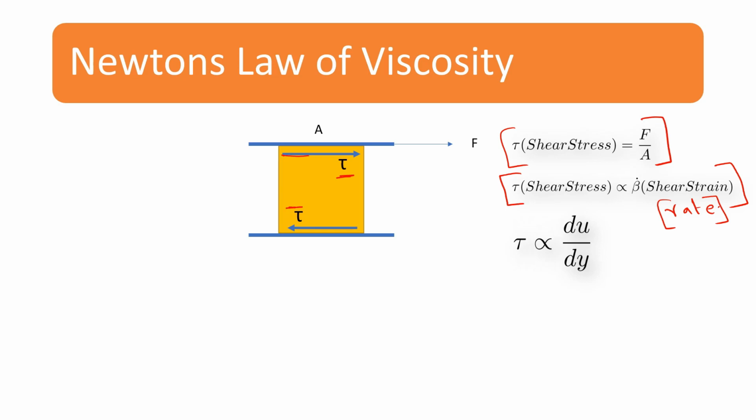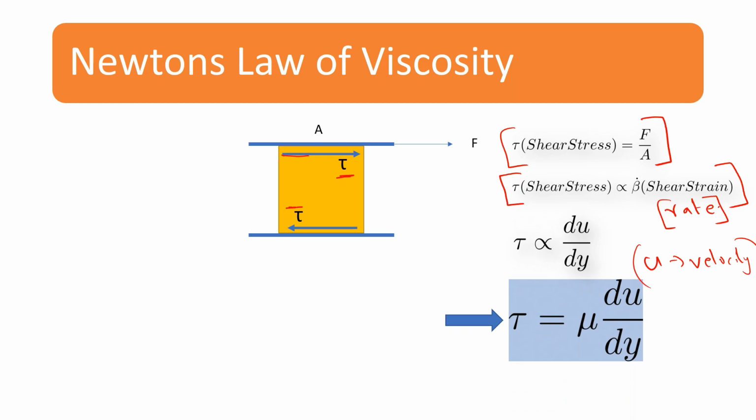So that means tau is equal to mu into du by dy. We have seen that the shear strain rate is equal to du by dy. It is the velocity gradient, where u is the velocity. So tau is equal to mu into du by dy, and this mu is called viscosity.